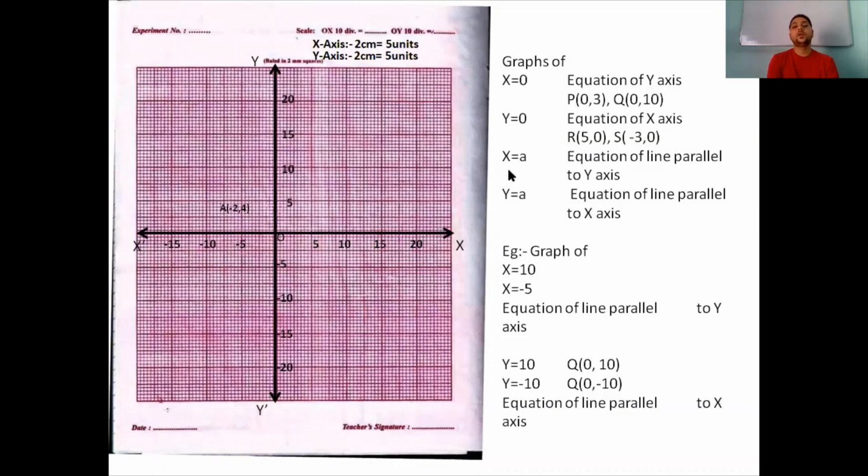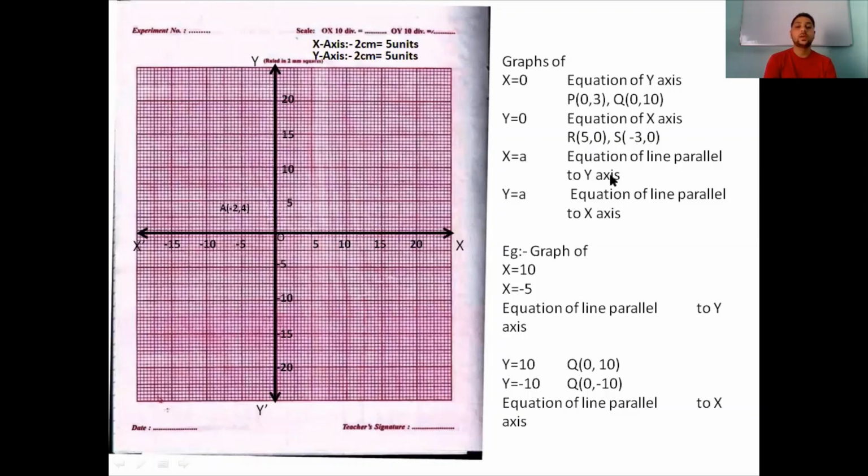Similarly, we have x equal to a. In that case, if we fix the value of x, then that line will be the equation of a line parallel to the y-axis. If we fix the value of x as any value, the line will be parallel to the y-axis and y can have any value.